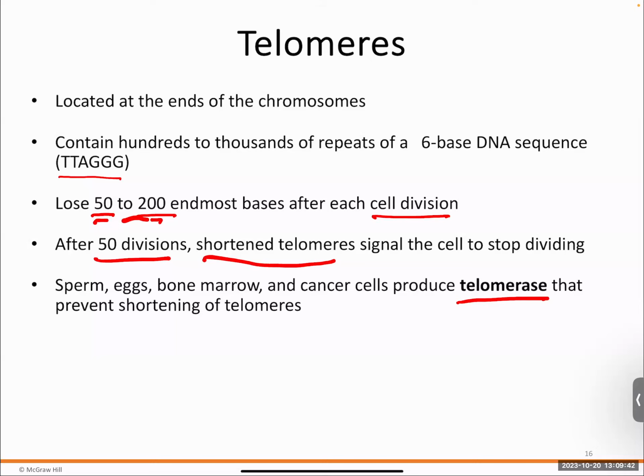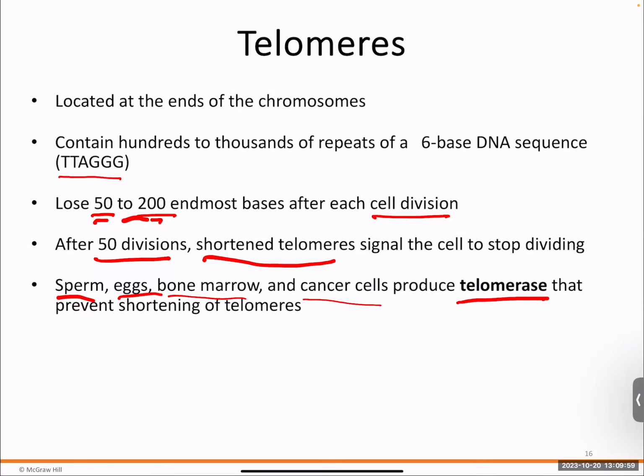throughout their lifetime. Now, for us, the sperm, egg, and bone marrow telomerases are extremely good for us because that means we keep our ability to reproduce and create new stem cells.